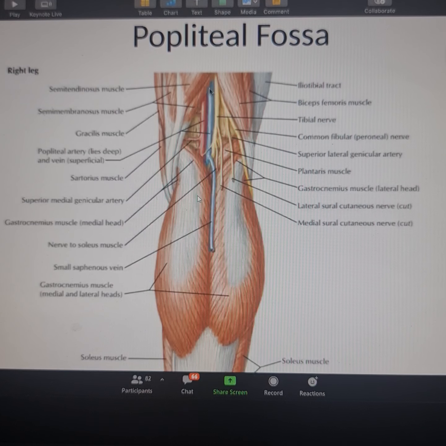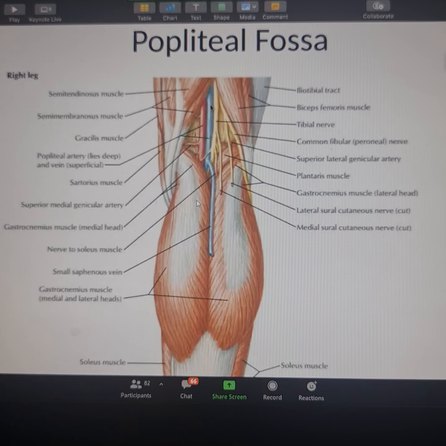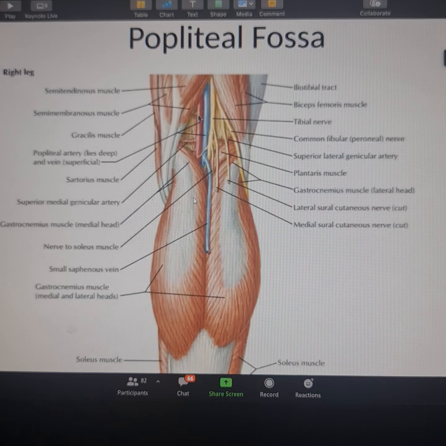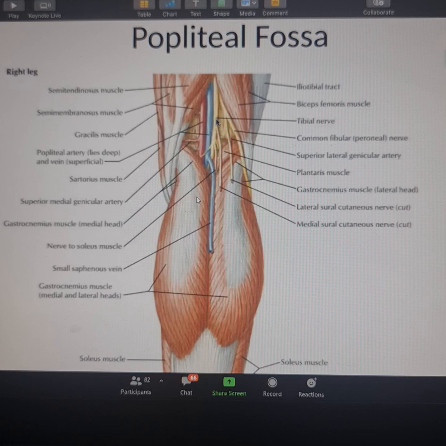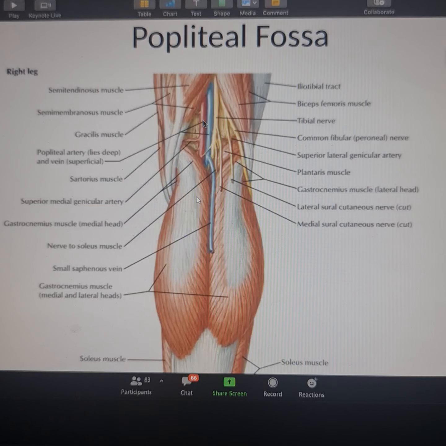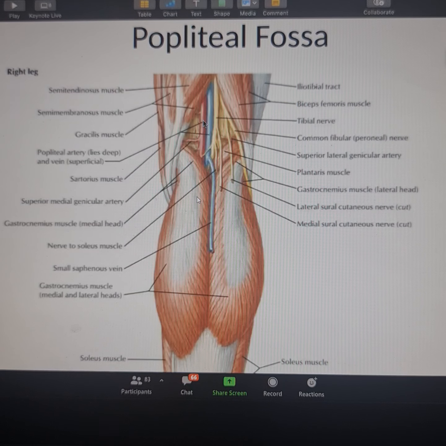Now, what are the contents of the popliteal fossa? You have artery, vein, nerve. AVN. Artery, vein, nerve. Alright? So, the first thing that you will see is the popliteal artery, followed by the popliteal vein. And then the tibial nerve.